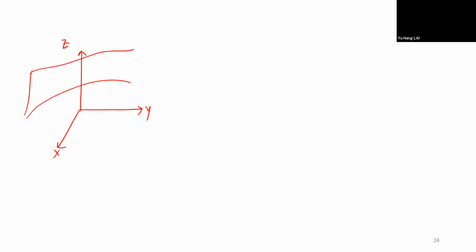I actually assume that most of you have seen polar coordinates before, but here is just a quick review. So again, let me draw the XYZ space. So this is my curved surface.